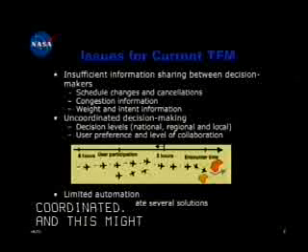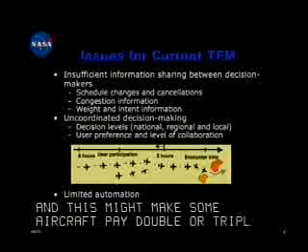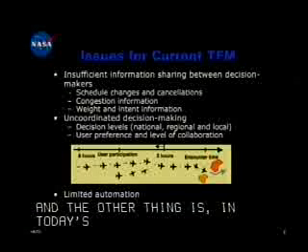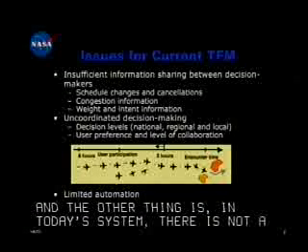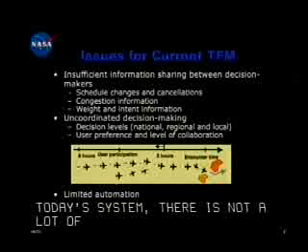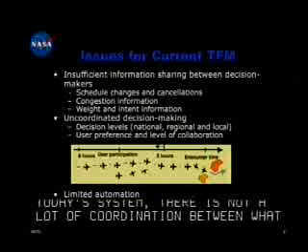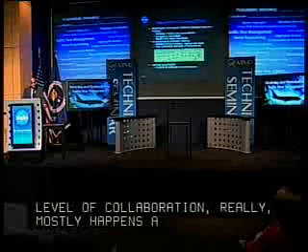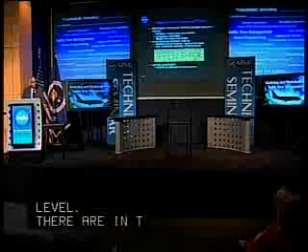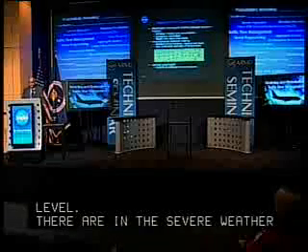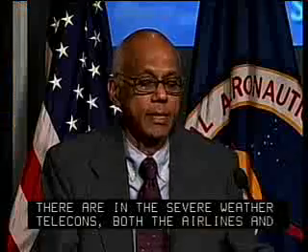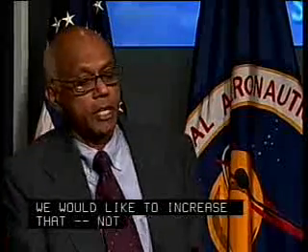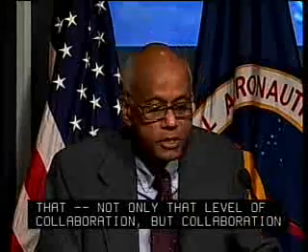And the other thing is, in today's system, there is not a lot of coordination between what the airlines want to do, and the level of collaboration really mostly happens at the national level. There are, in the severe weather telecons, both the airlines and the FAA participate, and we would like to increase not only that level of collaboration, but collaborations even for shorter durations.